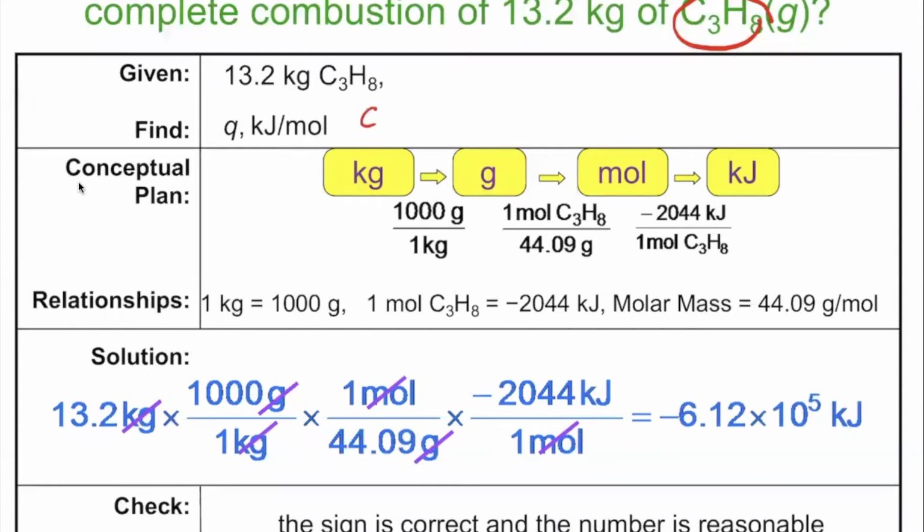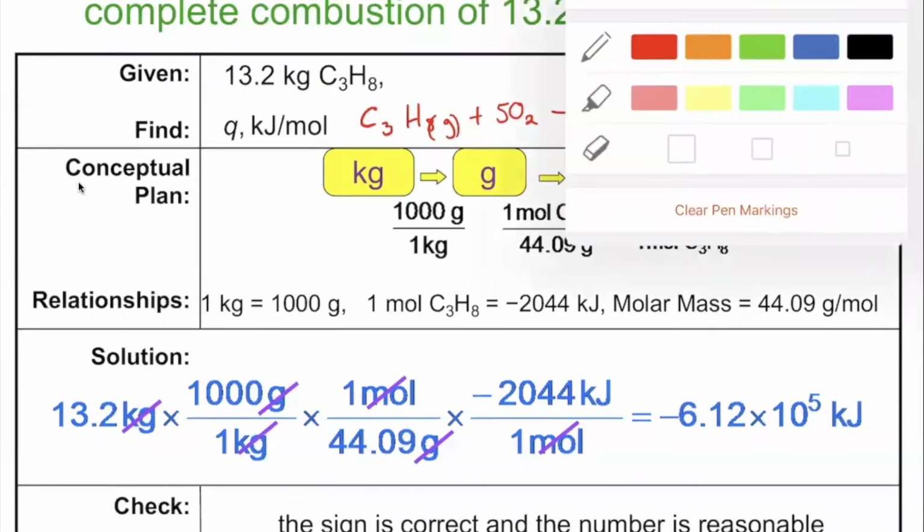In this case, C3H8 gas plus 5 oxygens yields 3 carbon dioxide plus 4 waters, and this is going to be delta H negative 2044 kJ.